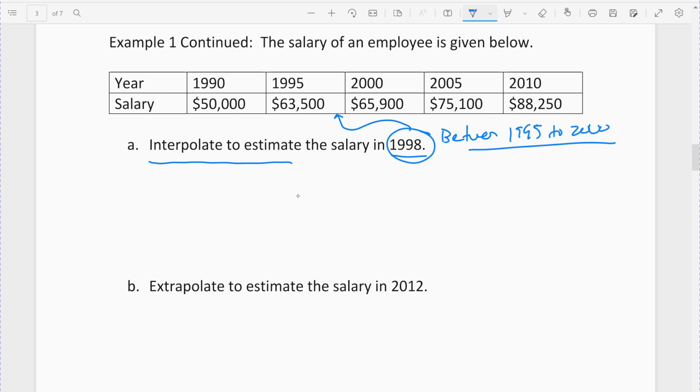It's between 1995 and 1998, lands between 1995 and 2000. All right, so first thing I have to do is find the average rate of change between the 2 years that I'm interested in. So 1995 to 2000, so we take our 65,000 from 2000, subtract our 63,500, divided by, again, average rate of change is the change in salary over the change in time.